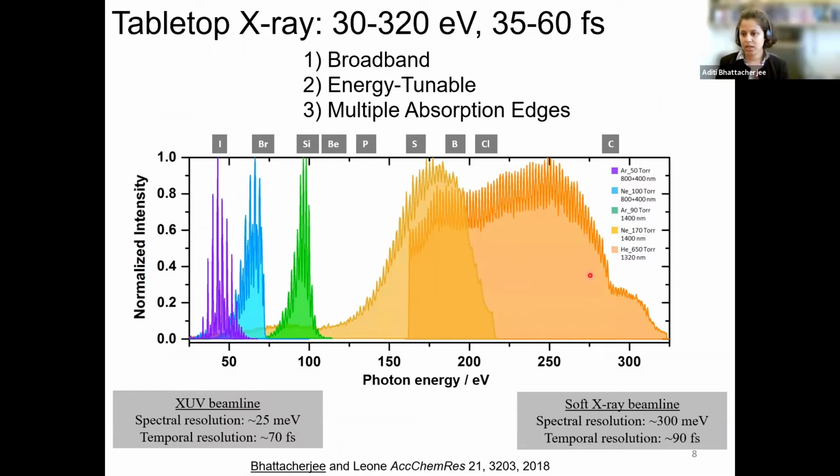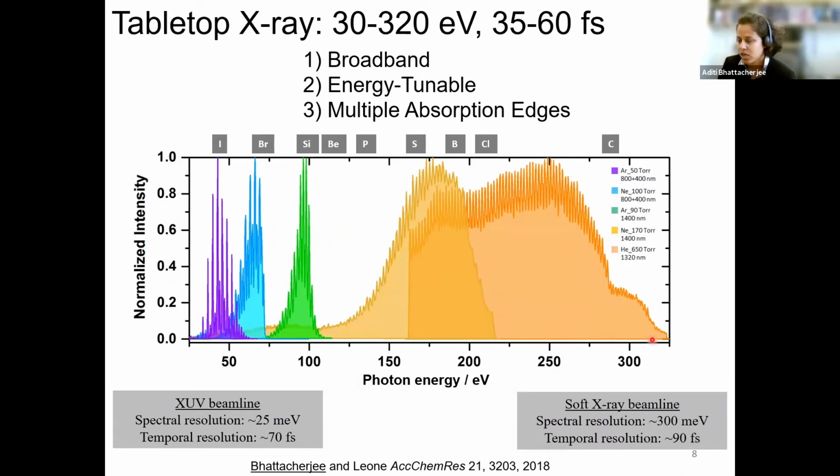What you see here is that the spectrum is tunable from 30 electron volts all the way to 300 electron volts, where by changing the phase matching, in the inset you can see a combination of different HHG target gas, pressures, as well as driving laser wavelengths. We can tune the high harmonic spectrum across this range.